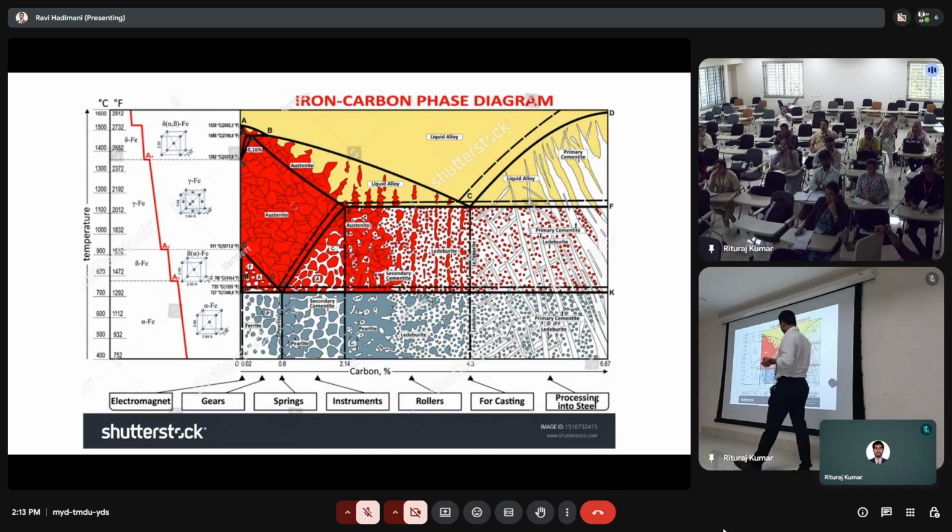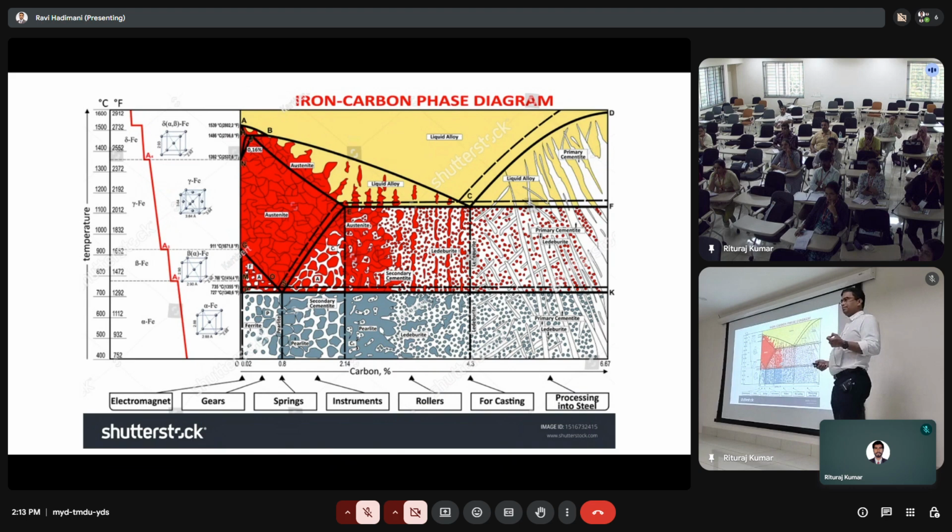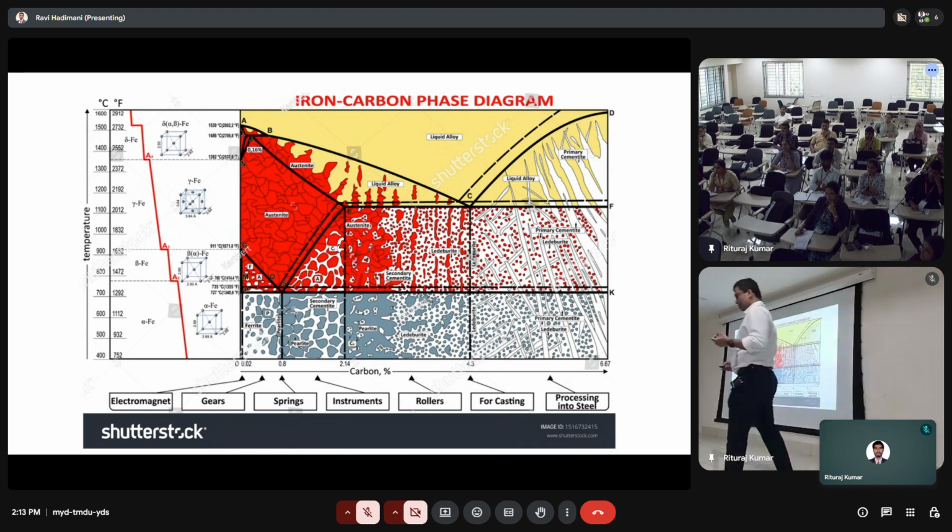Okay, so the alpha iron is a BCC structure, whereas gamma iron is a face-centered structure. Delta iron, which is at a very small composition range, is again a BCC, body-centered structure. And let me ask this question. Which crystal structure will be more ductile, face-centered or body-centered or simple cubic?